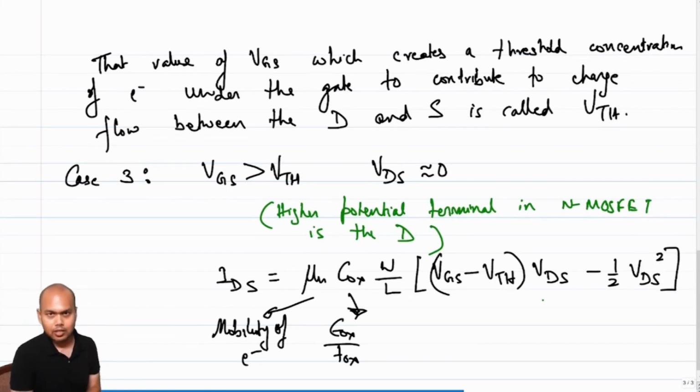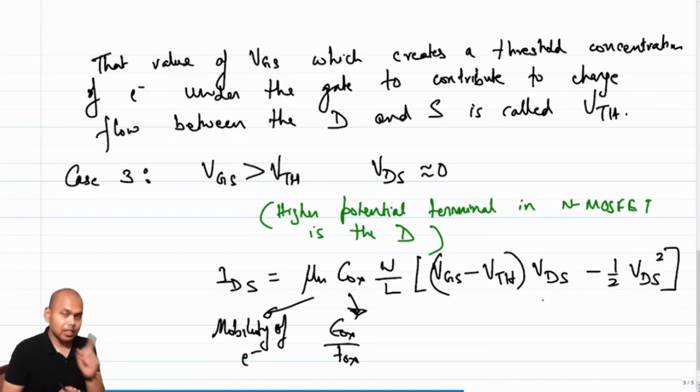But since this is a circuit design course where we have absolutely no control over the mobility of the electrons, or the thickness of the oxide, or the permittivity of the material with which the oxide is made, simply because this device will be given to us by our device designers, we will just put our blinders on and say that, okay, whatever you have given us, we accept it without question, and we will use those numbers, because we cannot change it.